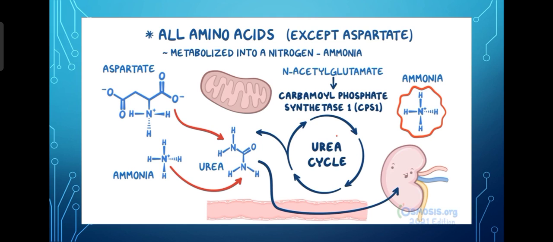Urea cycle. The urea cycle is a sequence of 6 enzymatic and 2 transport steps necessary to metabolize and excrete the nitrogen or ammonia generated by the breakdown of amino acids in protein and other nitrogen containing molecules in the body, except aspartate.